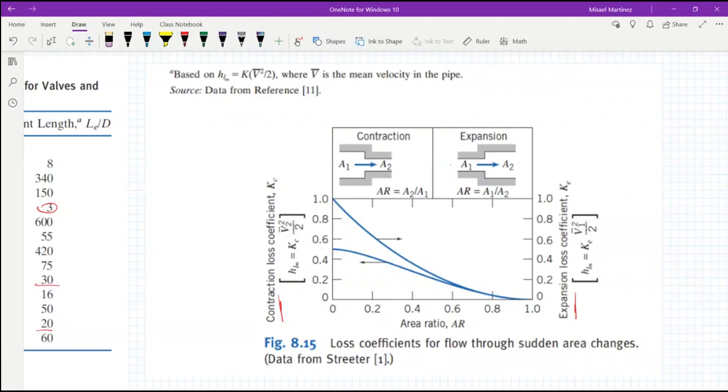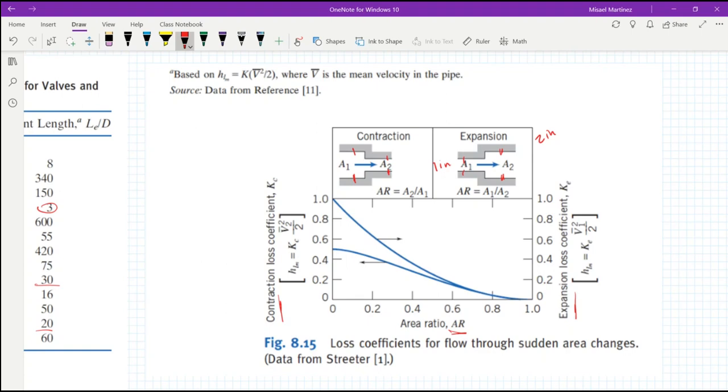And on the x-axis you have the area ratio, the ratio between the smaller area and the bigger area of the pipe. Depending on which side you're coming from, the contraction or the expansion, both of these bigger sides are pretty much the same, with a diameter of about 2 inches, and this small section has a diameter of 1 inch, which is the regular pipe that we're flowing through.